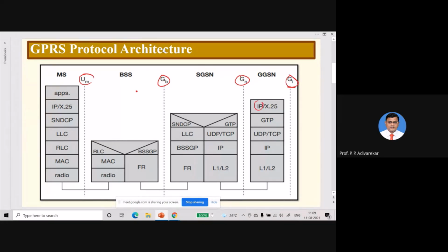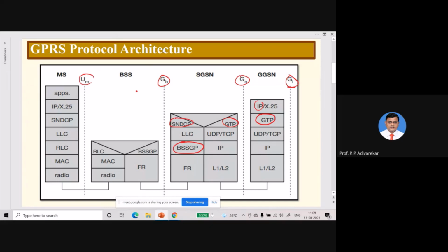Okay, so out of all these protocols which are there, there are some protocols which are new and unknown to us, because some of the protocols we have already discussed in the GSM architecture. So there are certain new protocols, like GTP. You can see here GTP is one protocol that you can observe. Then there is another protocol, SNDCP. Then BSSGP.